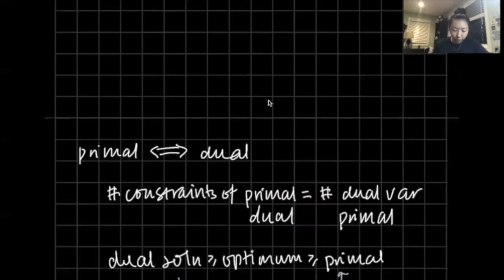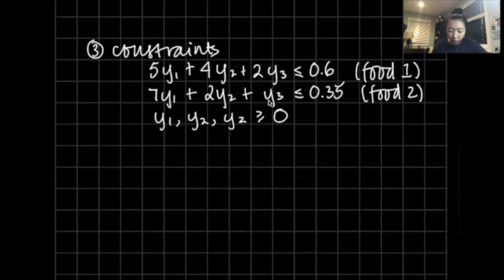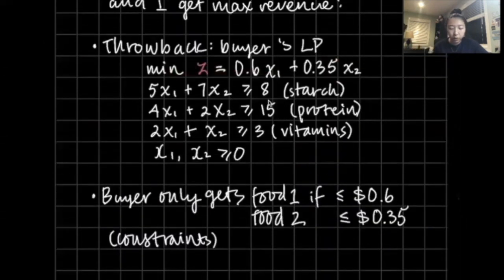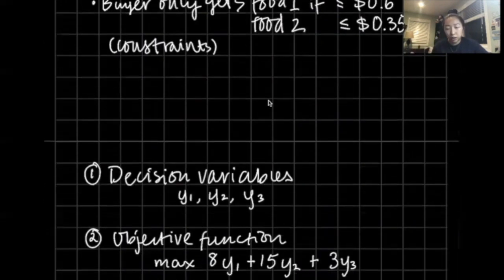I didn't mention this, but this is more mechanical: the number of constraints that we use in one primal problem is the same as the number of variables that we use in the dual. That is just a pattern. You can easily verify it with the LPs that we did this week and last week.